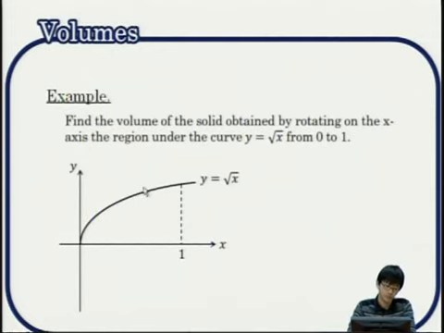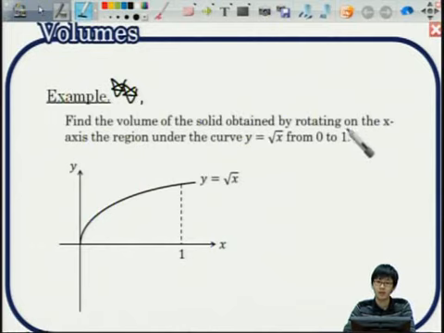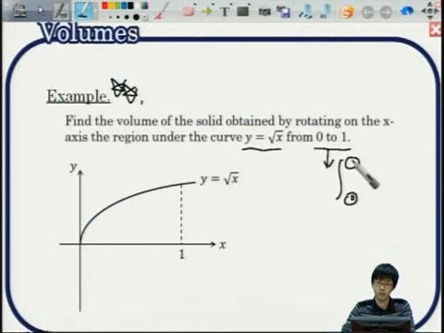So this is the final example of our course, and I think it'll be a hard one. Find the volume of the solid obtained by rotating on the x-axis the region under the curve here from 0 to 1. This 0 to 1 makes this and this, right? 0 to 1.